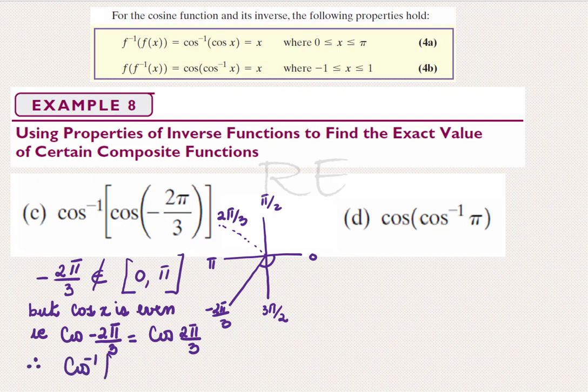Therefore, inverse cosine of cosine negative 2 pi over 3 is equal in value to 2 pi over 3.